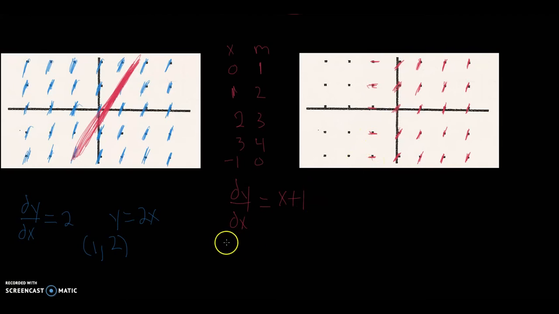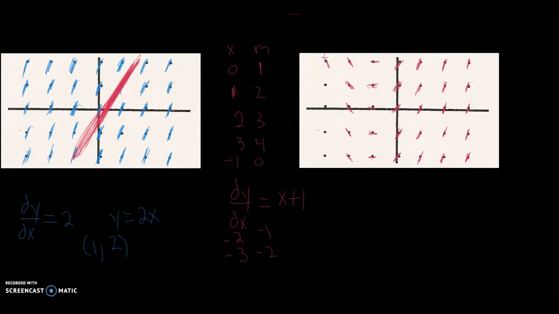And if x equals -2, our slope would be -1. So now we need a slope of -1. That looks about right. And if x equals -3, our slope is -2.